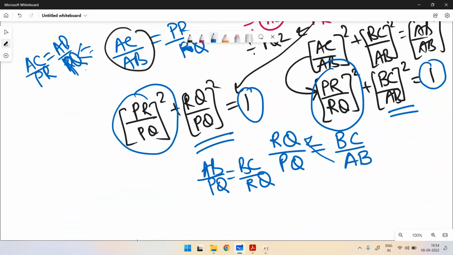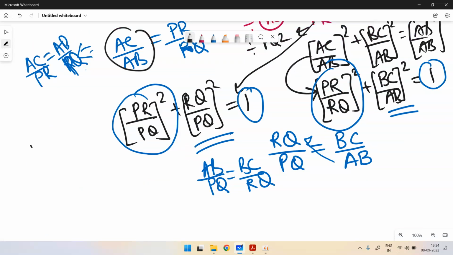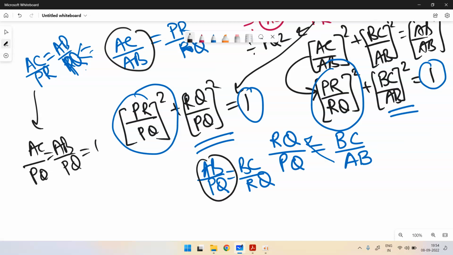Now from here, this is AC by PR equal to AB by PQ, and here AB by PQ equals this, which implies that BC by RQ also.